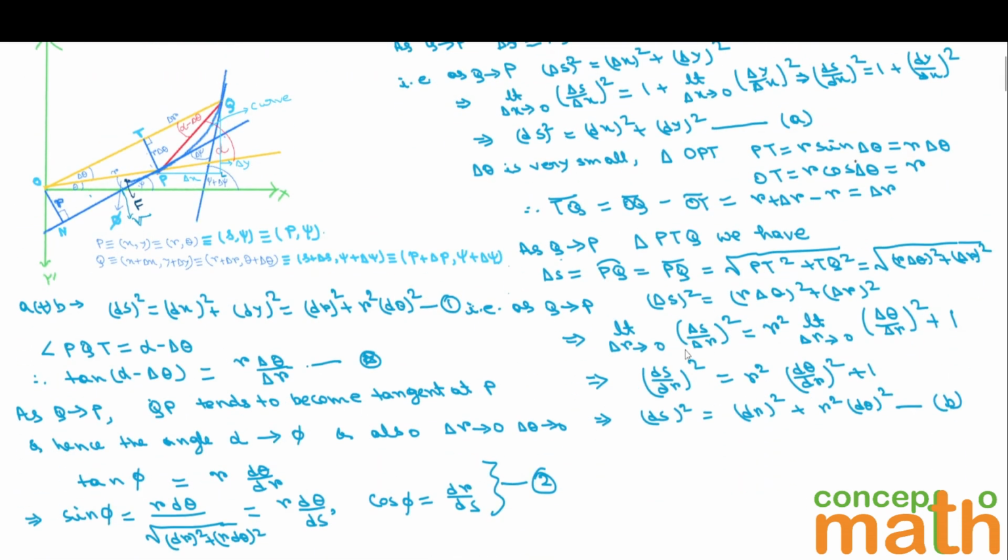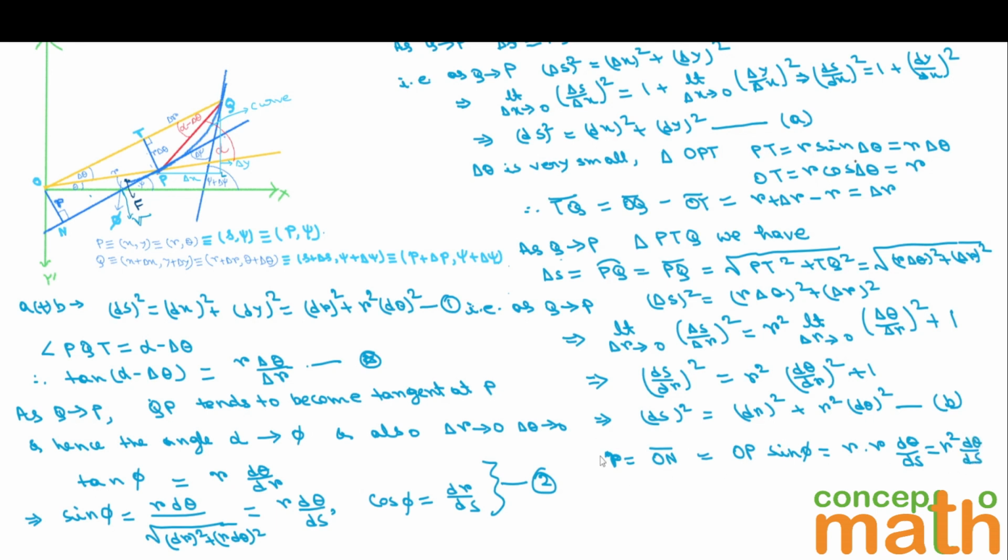Also, if we observe carefully in this figure, the perpendicular distance p from the origin to the tangent at P, that is the length of ON, which we have assumed to be p, is nothing but OP sin phi, and OP is r, and the value of sin phi is r dθ/ds, so p is r^2 dθ/ds.